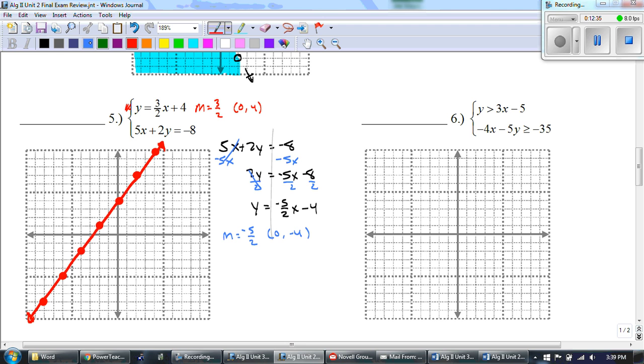Which means our slope is -5 over 2, and I'm starting at 0, -4. If I go down 5 over 2, I don't find my point, so I need to go in the opposite direction. I'm going to go one more point just to help me draw that straight line.